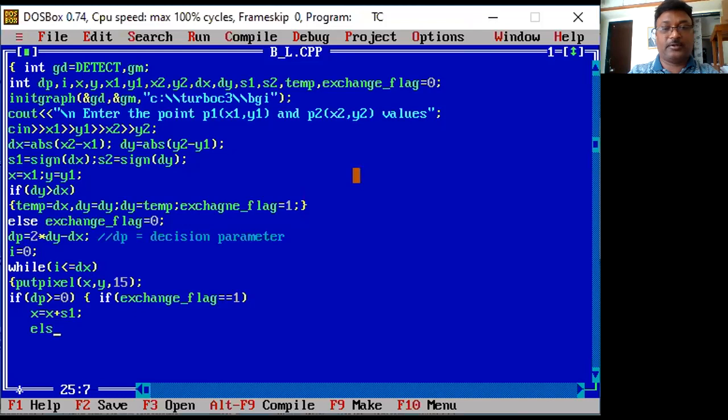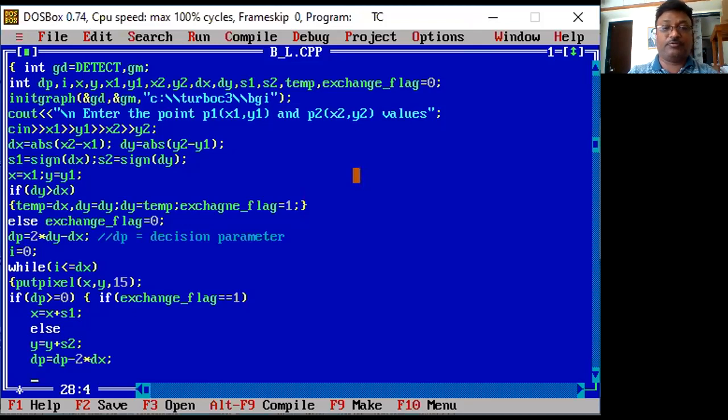Else, y is equal to y plus s2. That means you have to increment in x direction and then increment in y direction. Then dp you can call again, dp is equal to dp minus 2 star dx. That is my next decision parameter.